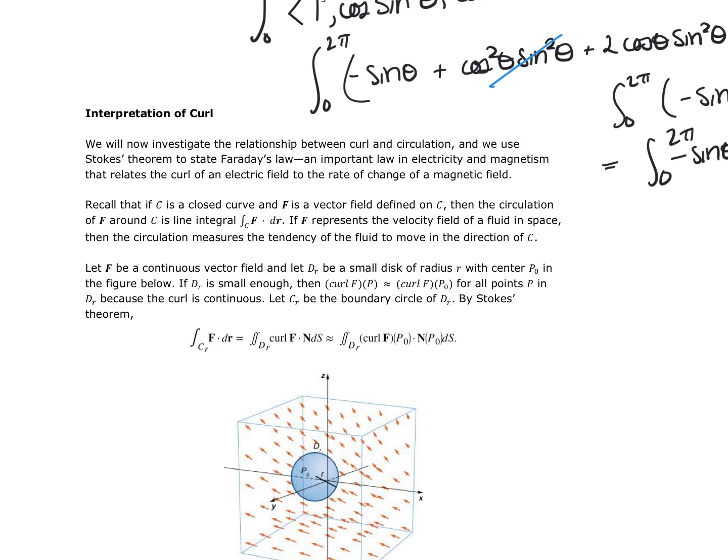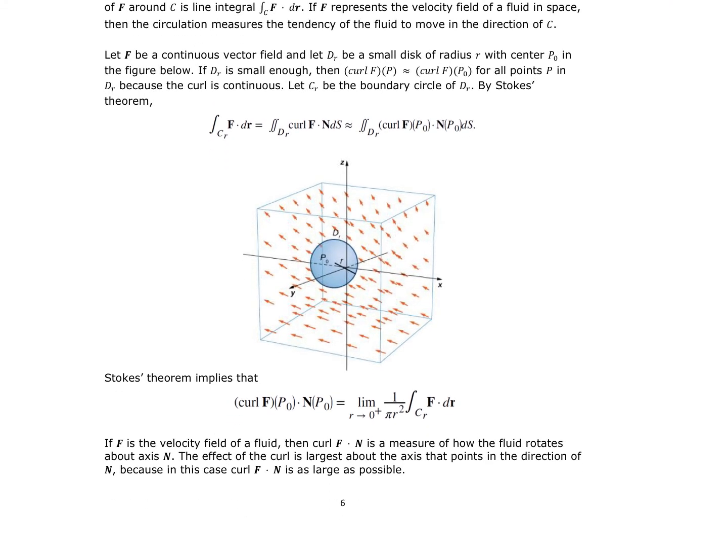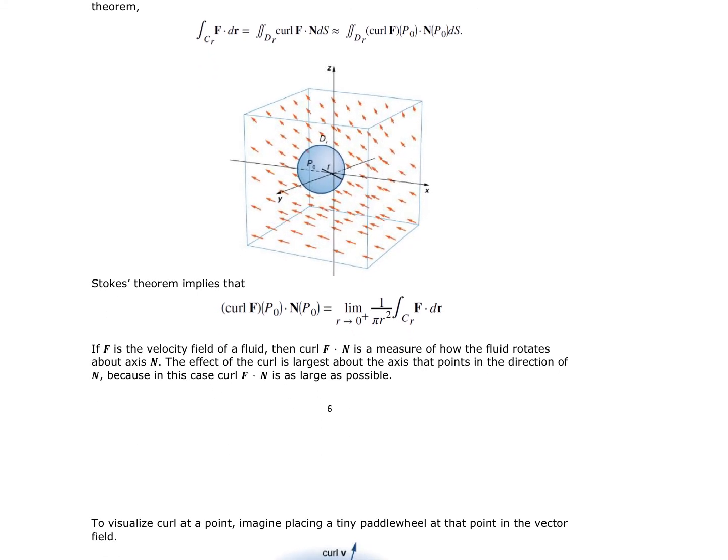We end up with this equation, which means Stokes' theorem implies that the curl of F at P naught dotted with the N at P naught gives me the limit as r goes to 0 of 1 over pi r squared times the integration around the curve of F dr.